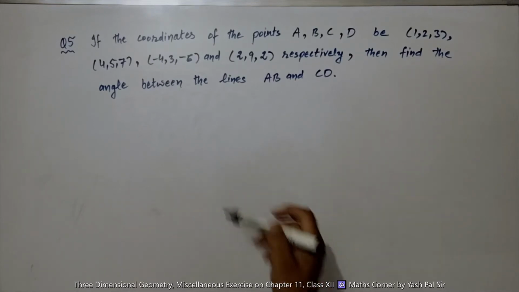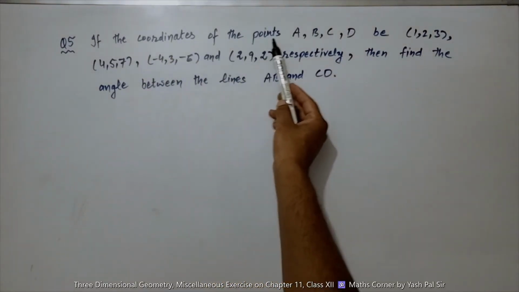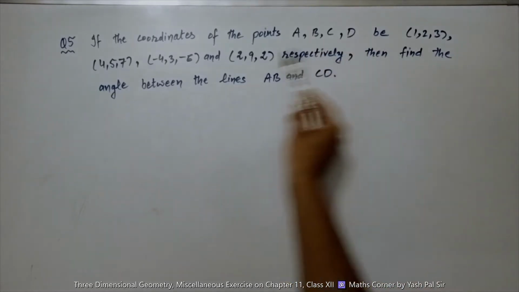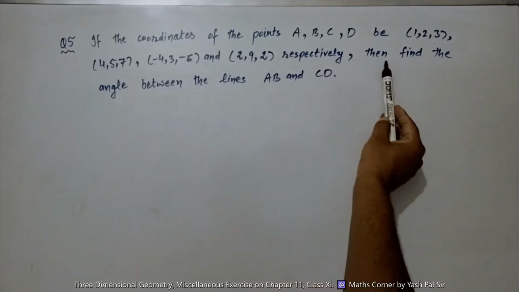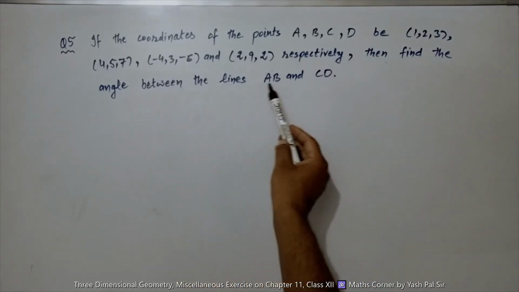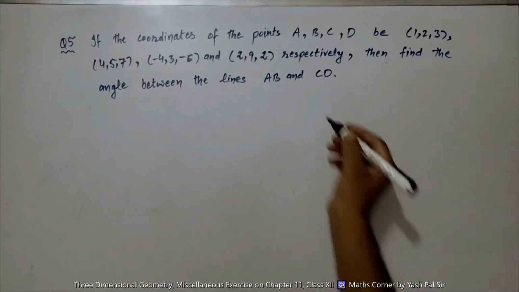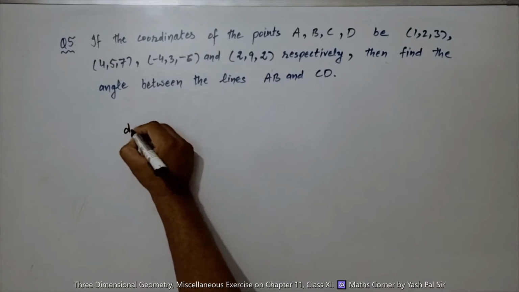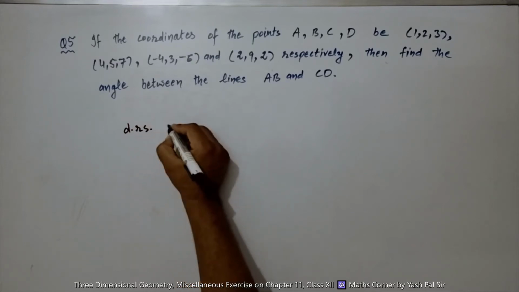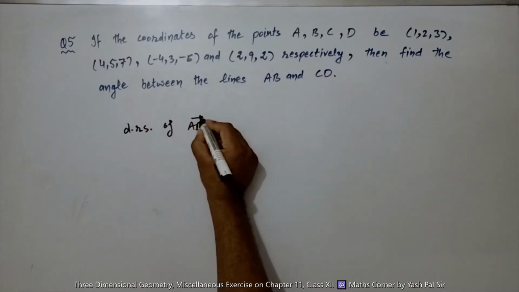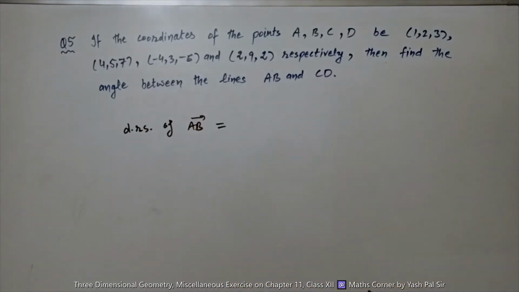Next question, question number 5. If the coordinates of the points A, B, C, D are given, then find the angle between the lines AB and CD. So what we have to do? First of all, the direction ratios of AB vector.